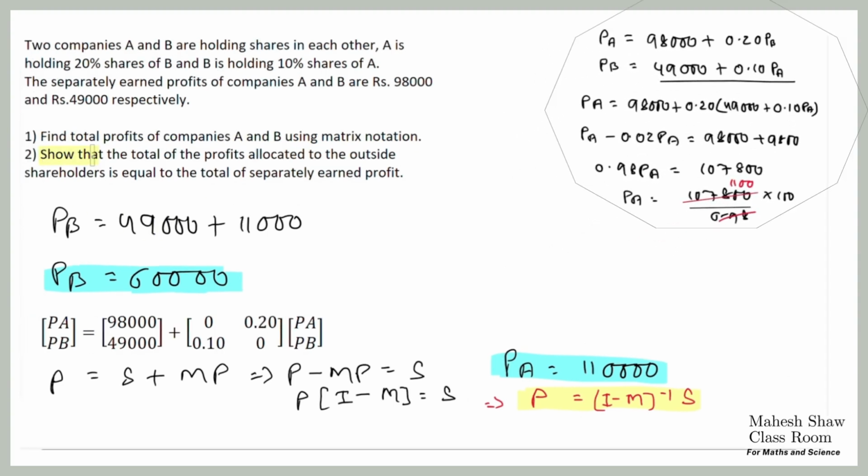Now in the second part, we need to show that the total profit allocated to outside shareholders is equal to the total of the separately earned profit.